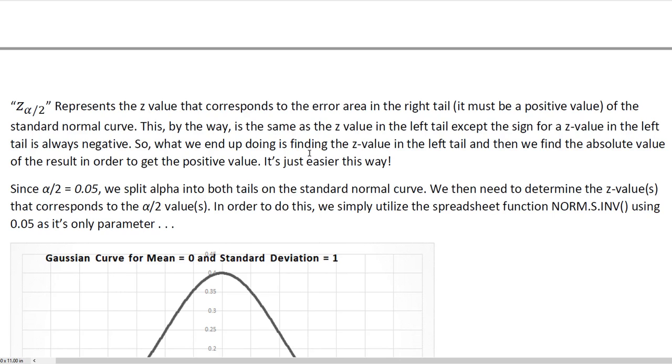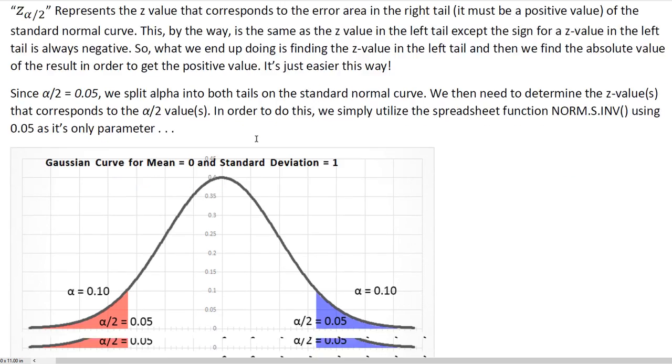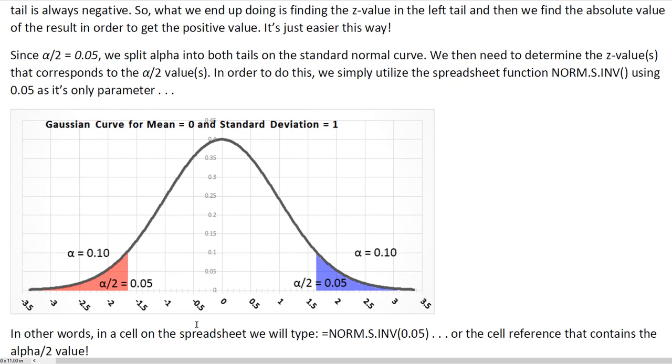The only way to really find this is to look it up on a table or to use our spreadsheets, which is essentially looking it up in a table. And when we do that, for this problem, remember alpha over 2 is 0.05. And as you can see on the standard normal curve, we split that up into two tails.